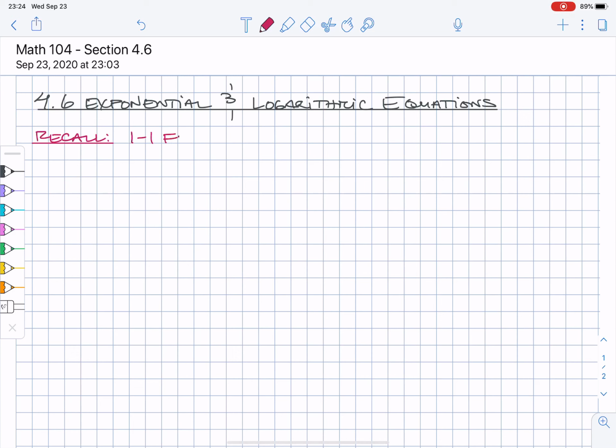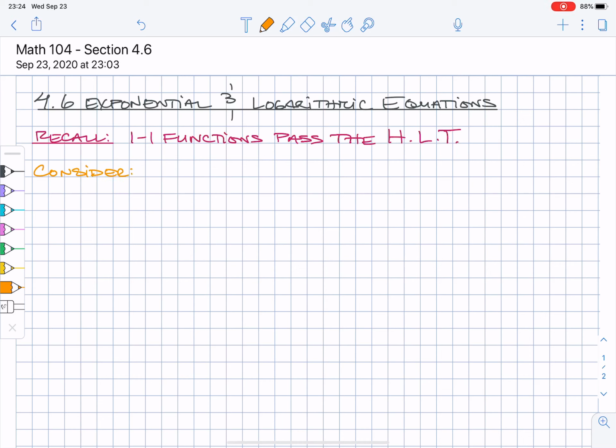One-to-one functions pass the horizontal line test, meaning their graphs are intersected at most once by any horizontal line. So let's consider.